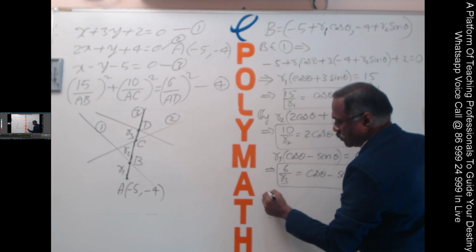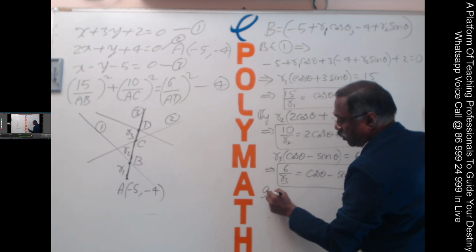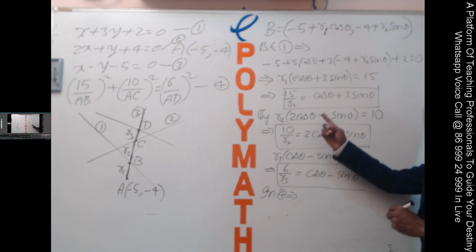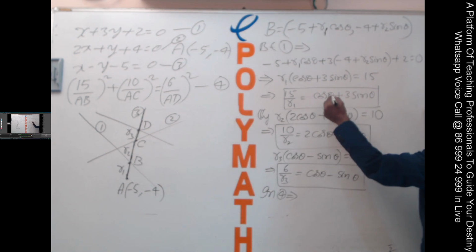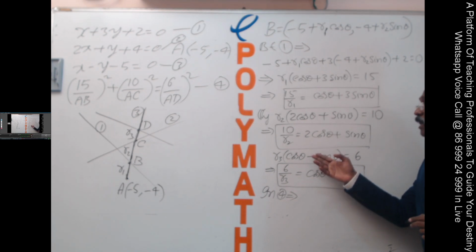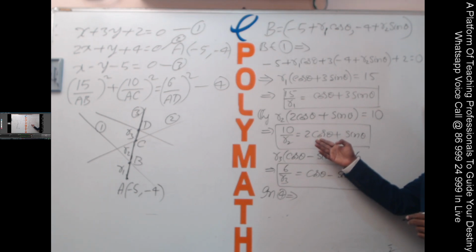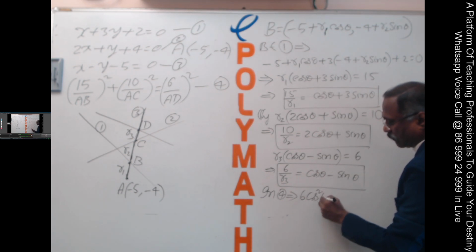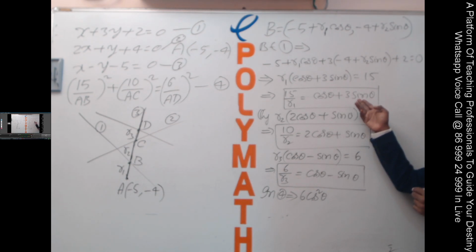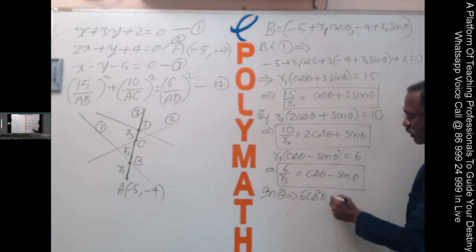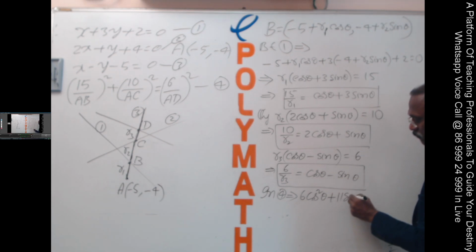In 4, square of this, cos square theta, square of this, 4 cos square theta, square of this, cos square theta, 4 plus 1, 5 plus 1, 6 cos square theta. Square of this, 9 sin square theta, plus sin square theta, 10 sin square theta, plus sin square theta, 11 sin square theta.